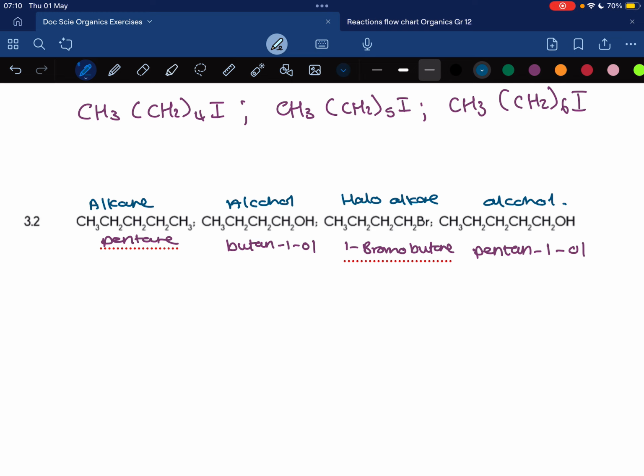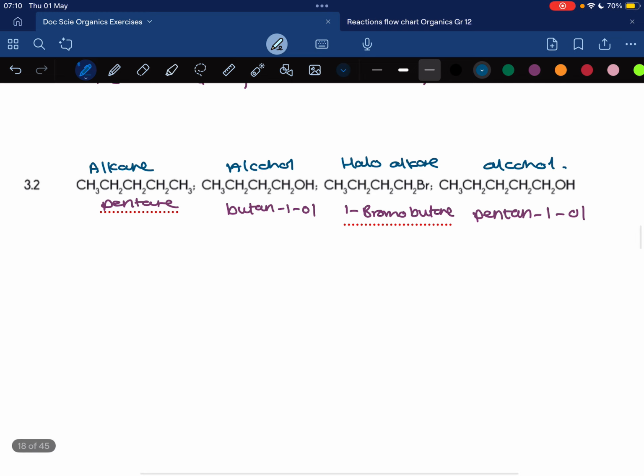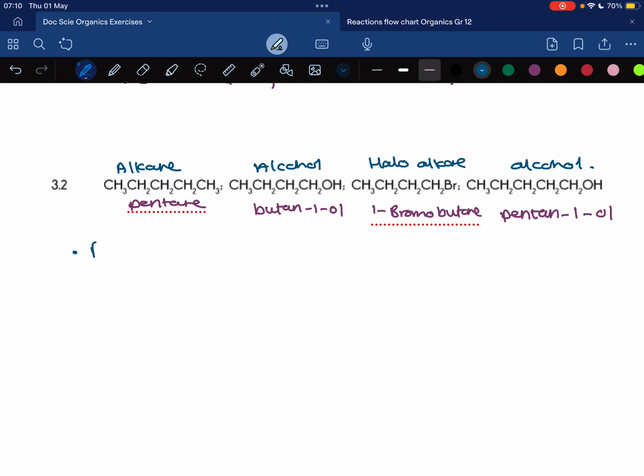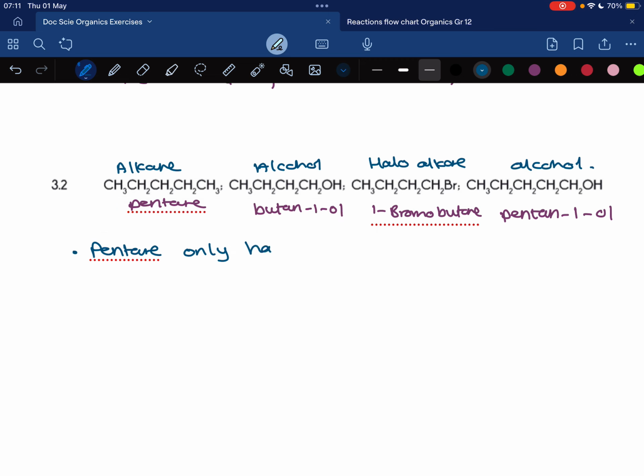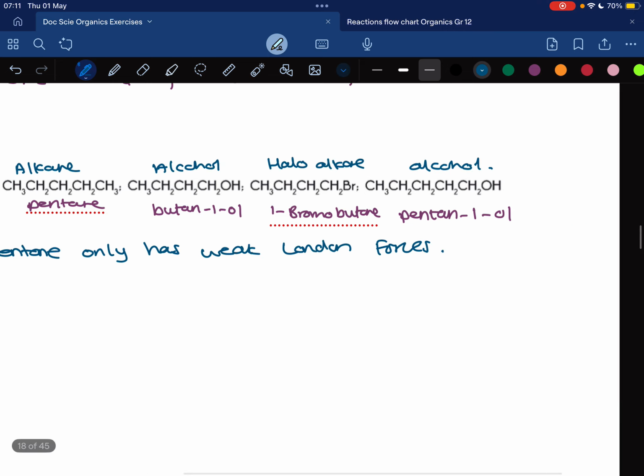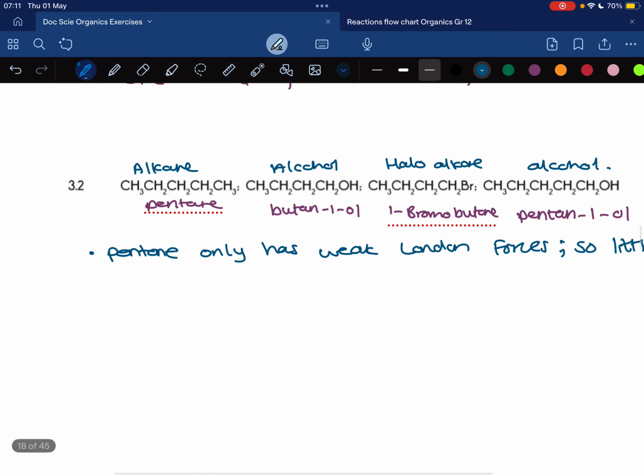Okay, so we can start by saying, well, pentane only has weak London forces. So little energy is needed to overcome those forces.